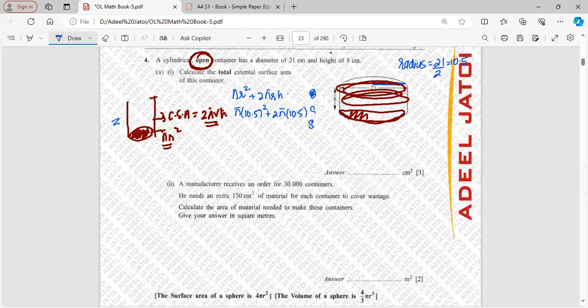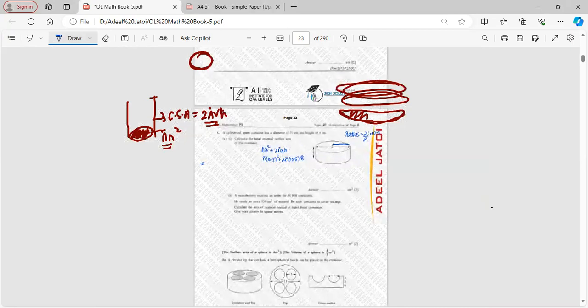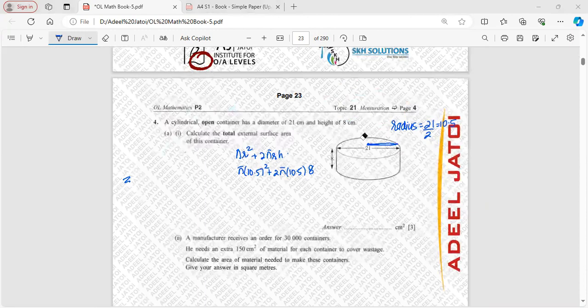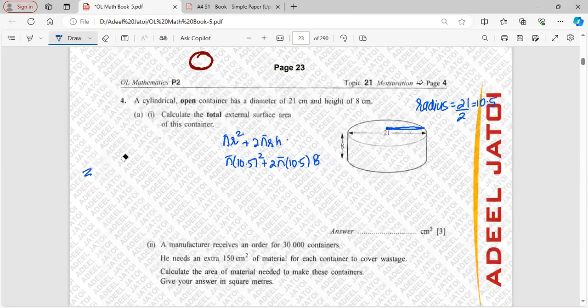So if you just know that your normal height is 8, and we put this in the calculator, we'll find out the total surface area, that is 874. Your total surface area will be 874 because it's paper 2, so eventually we can use the calculator. So 874 is the answer for the first part.